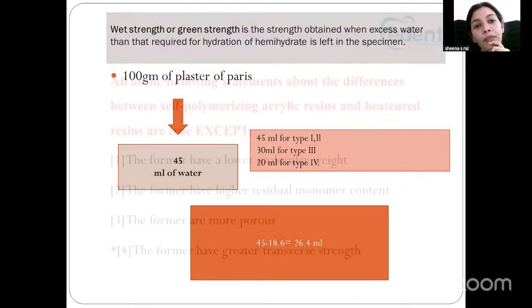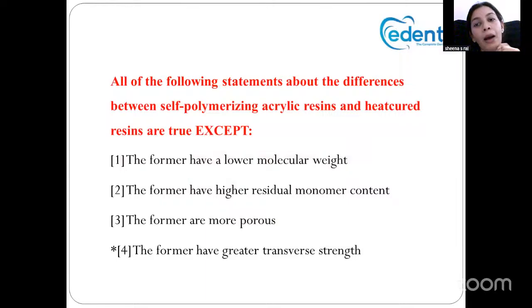Next question. All of the following statements about the differences between self-polymerizing acrylic resin and heat resins are true except. We know that heat cured resins are very common, where we give heat for proper polymerization. There are other acrylic resins like the self-polymerized acrylic resin, where we don't give any energy.